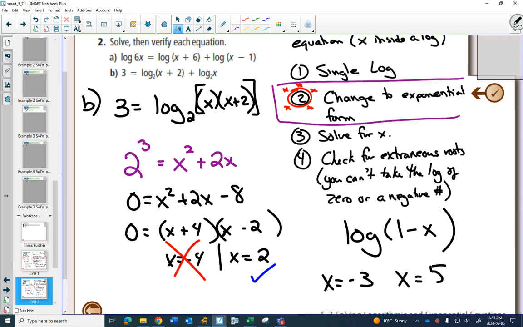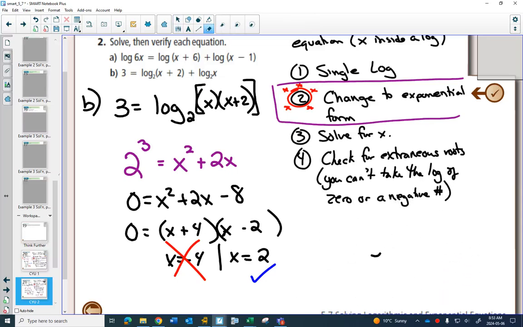If you were checking this one, can you see the -3 actually works? Because this would be +4 inside. But the 5 would not work. So you're always having to check your original equation, not just assume that if the answer is negative, you can cancel it out. Okay.